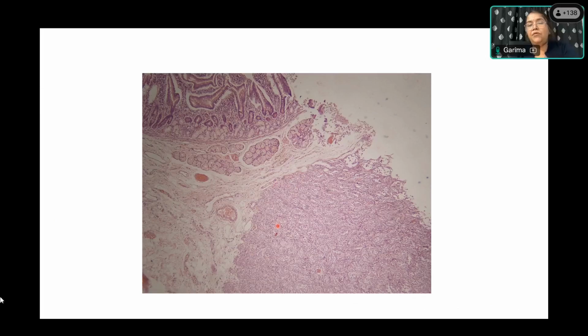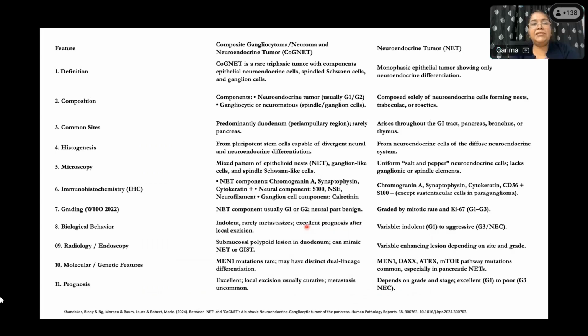So you have a tumor with its epicenter in the pancreas, which is extending to the duodenum, and you have observed three components. Any final year PG amongst us? So this is a composite gangliocytoma neuroma and neuroendocrine tumor, which is now known as COGNET.